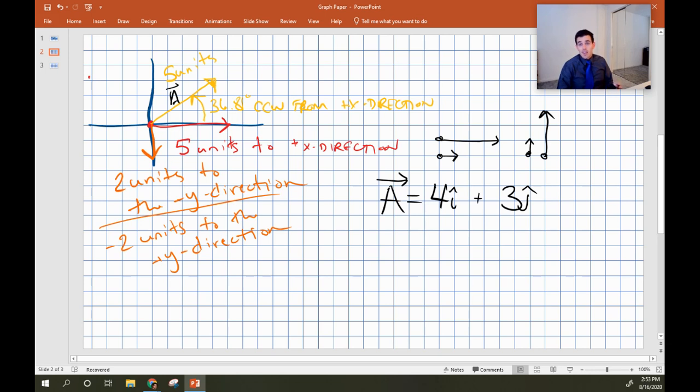And you can see that combination of information right there, 4 i hat plus 3 j hat, gives me this vector, because this is a vector that goes 1, 2, 3, 4, and then 1, 2, 3 up. So this is called IJK notation, or unit vector notation, or probably some other names that I'm not listing right now.